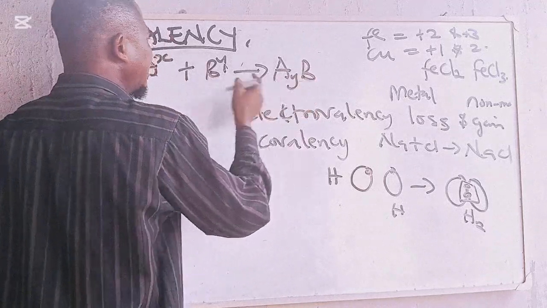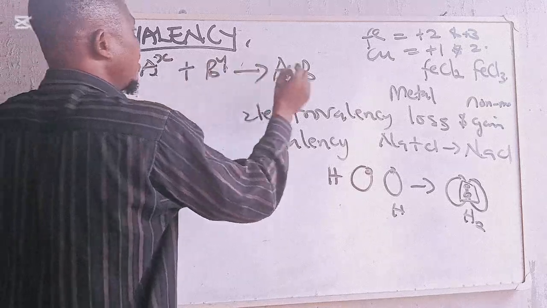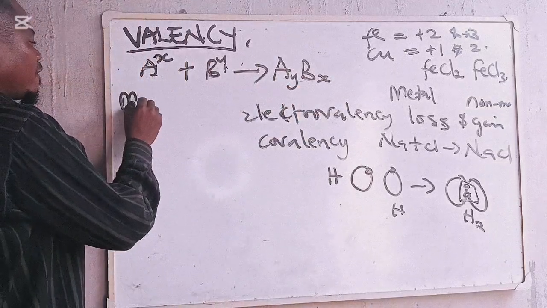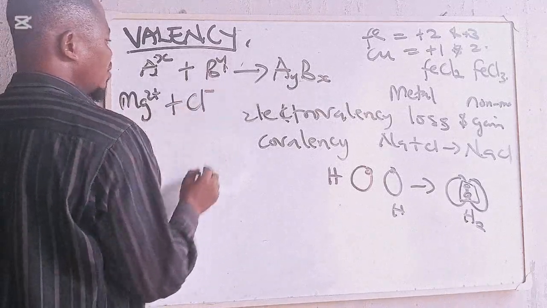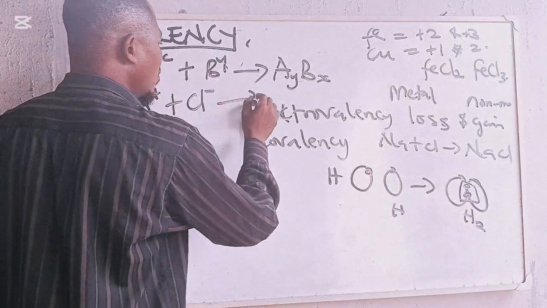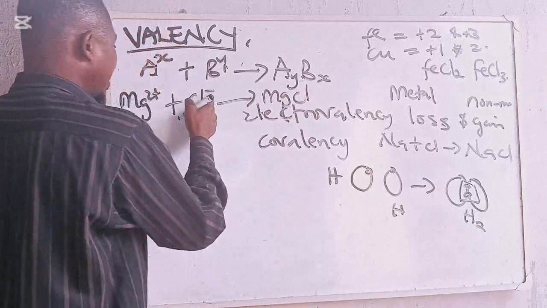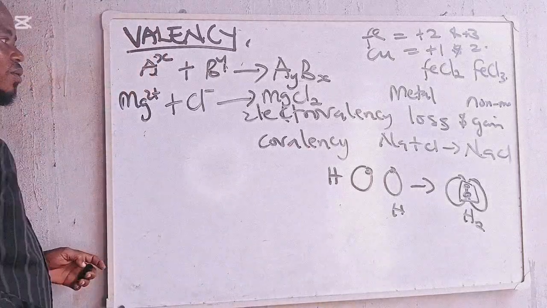They will exchange the superscripts as subscripts. So if I have magnesium 2+ reacting with chlorine 1-, the formula of the compound will be: the 1 comes down to magnesium, then the 2 you exchange, MgCl2.